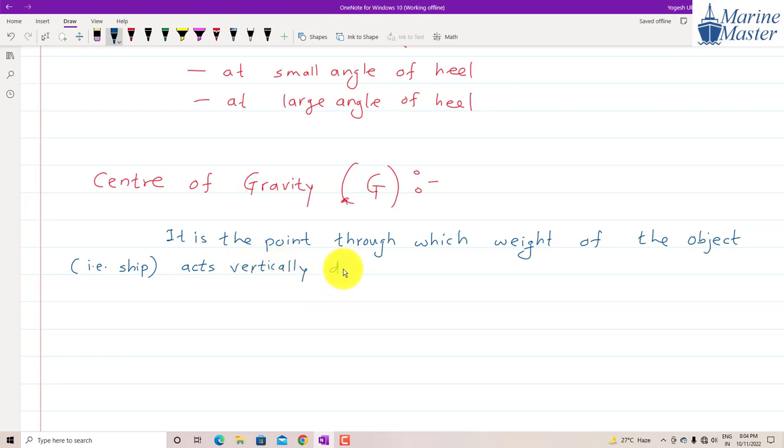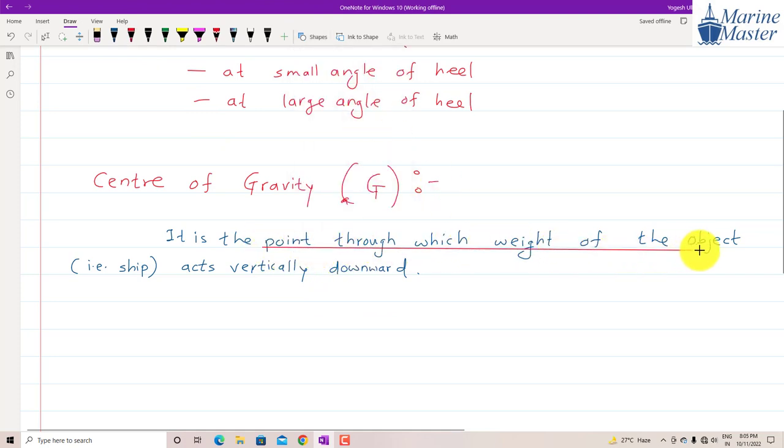Vertically downward. Let me write it down properly. So it is the point through which the weight of the object acts vertically downward. This is our basic definition of center of gravity.